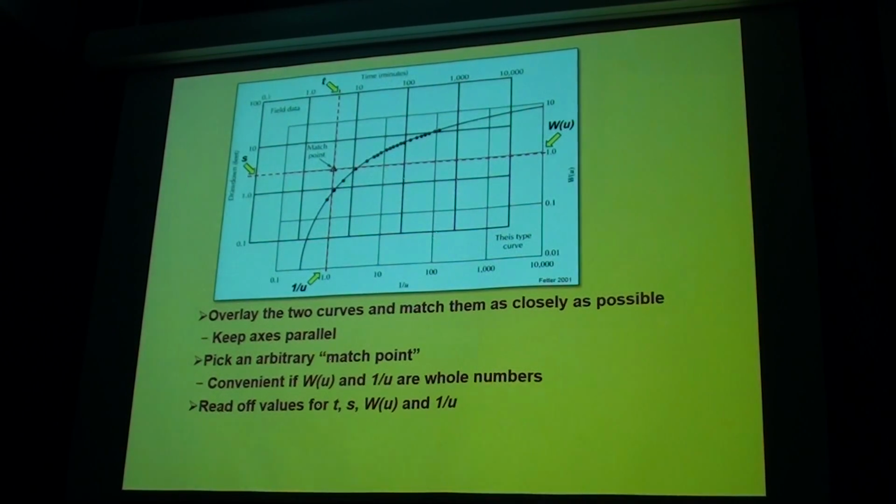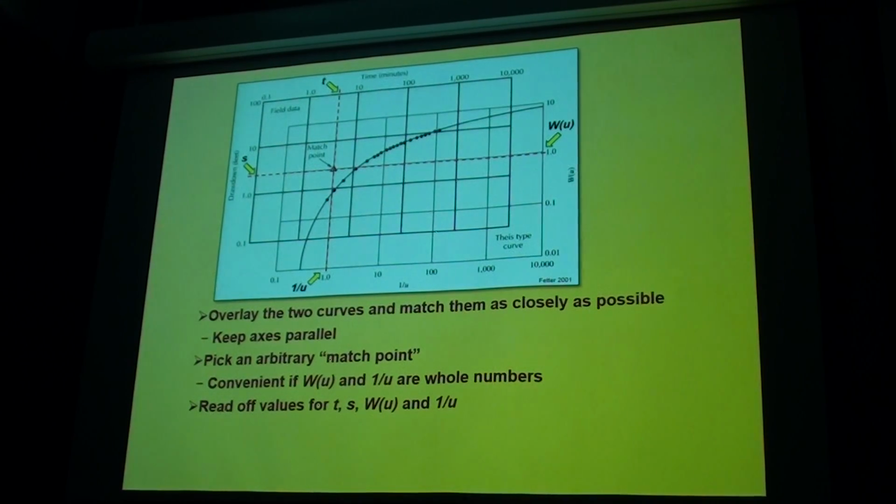Now, of course, the computer's doing this in the background. You get a type curve on your screen, and your data pops up, and you can use the arrow keys to move your data against the type curve, and the computer will constantly spit out numbers at you until you decide where the best fit is, and it'll stabilise on the capital T, capital S, and capital K that you need, that you use to try to quantify the aquifer.